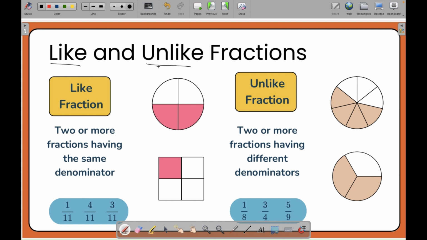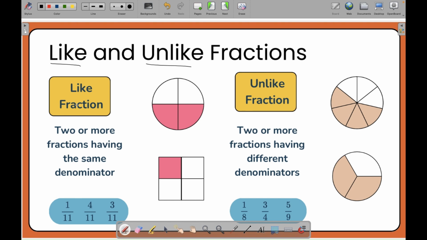If I give you two or more fractions, you can classify them as like and unlike fractions. When I'm just giving you one fraction, you can say this fraction is a proper fraction, an improper fraction, or a mixed fraction. But if I give you two fractions, you can say that these two fractions are like fractions or unlike fractions. So what is the definition?